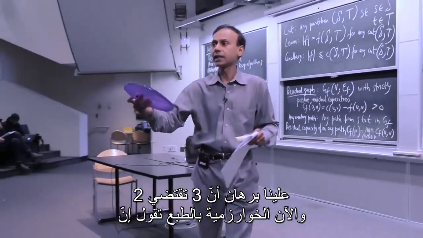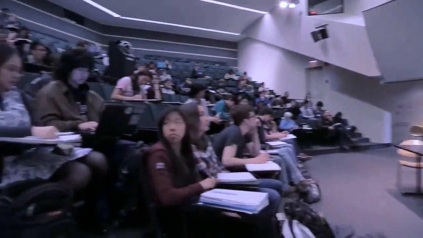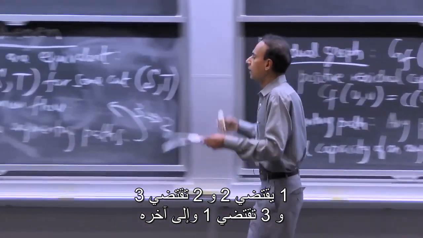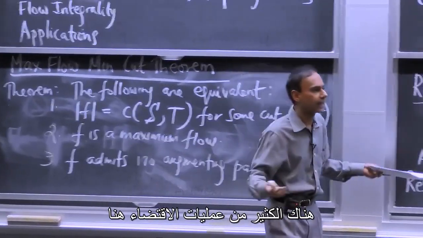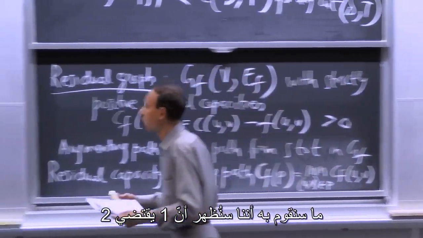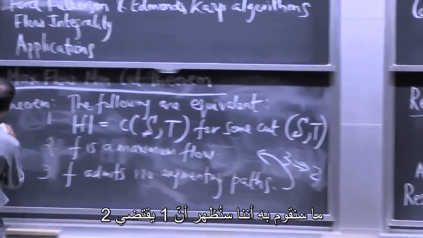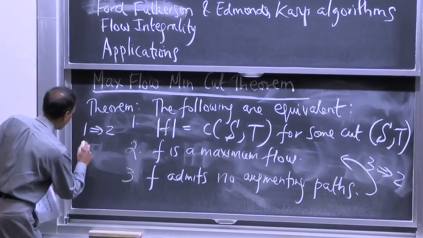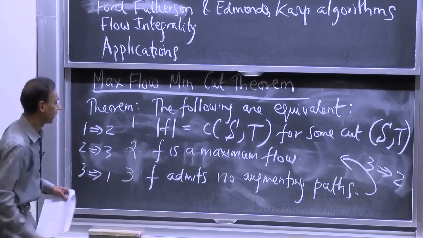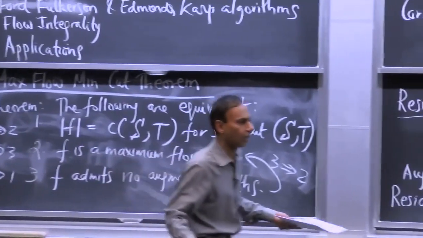Now, of course, the theorem says that 1 implies 2, 2 implies 3, 3 implies 1, et cetera, et cetera. There's a lot of implications here. What we are going to do is we're going to show that 1 implies 2, 2 implies 3, and 3 implies 1. Okay, and that pretty much takes care of everything. All right?